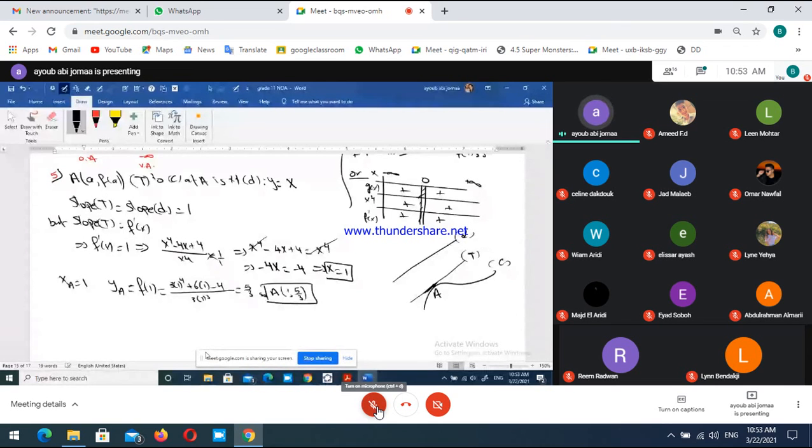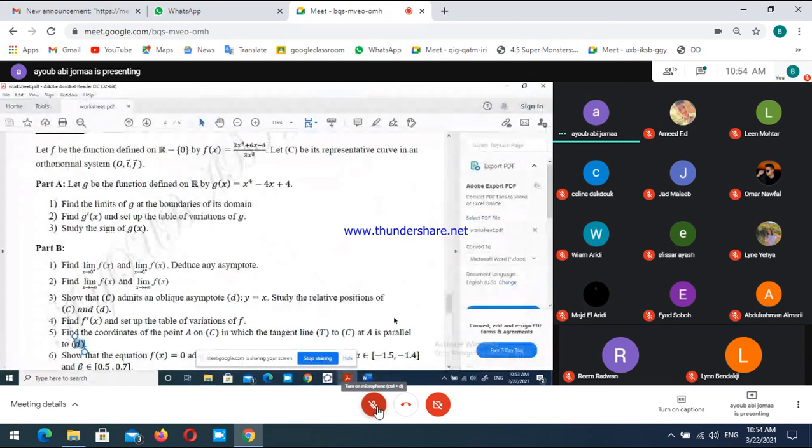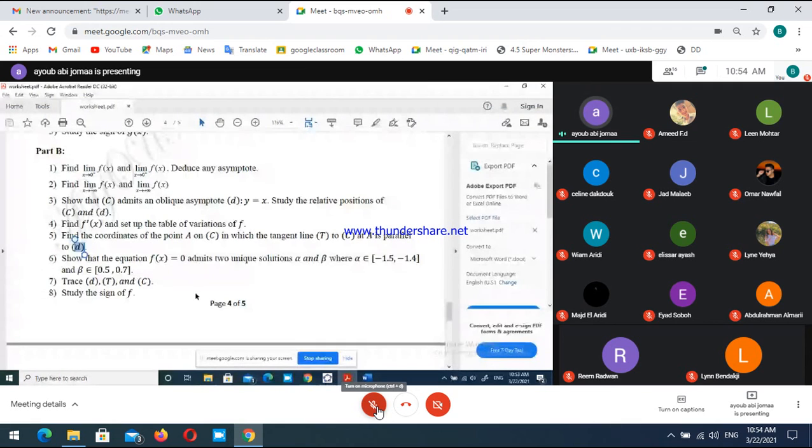Now the next question, strictly monotonic and f of A times f of B whatever. Show that the equation f of x equals 0 admits two unique solutions alpha and beta.